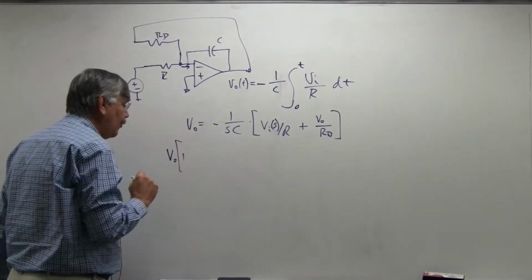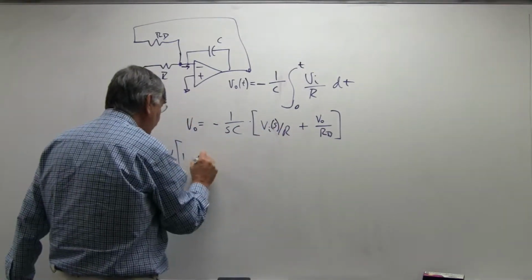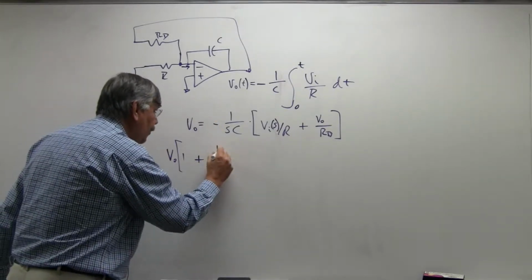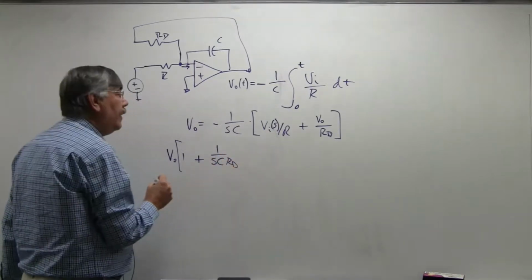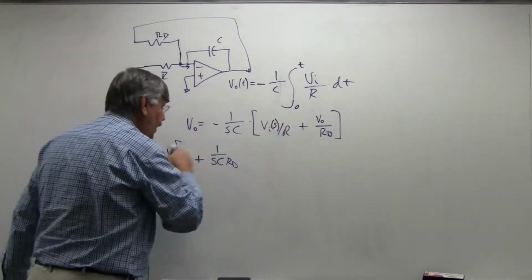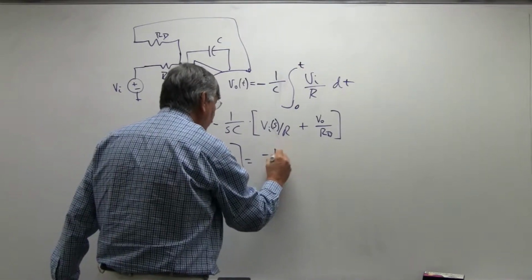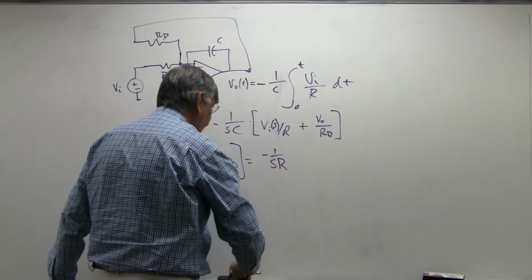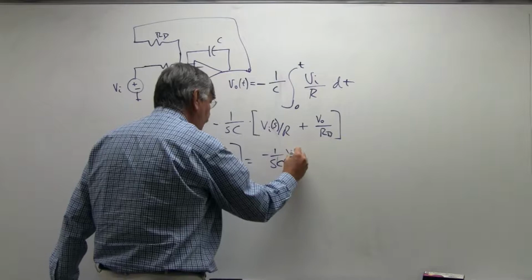We've got V out times 1, and then there's a minus sign there, which is good because I want to be able to write plus for the next thing. And what I'm going to be able to write now is 1 over SC RD times V out, and then everything that's left on the right-hand side, 1 over SC R times V sub I.